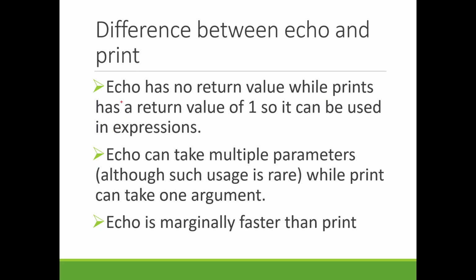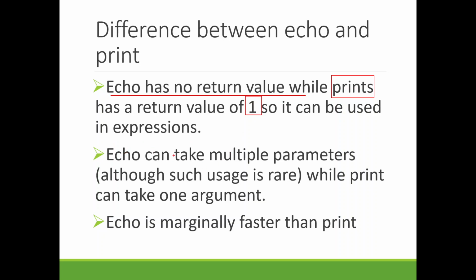Now, one of them is that the echo statement has no return value, while the print statement has a return value, and that return value is 1. And therefore, this print statement can be used in an expression and it will return a value 1.